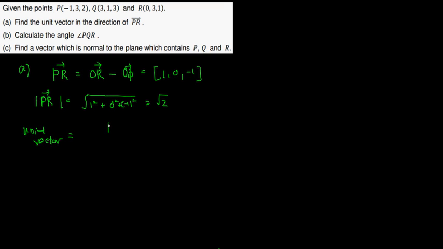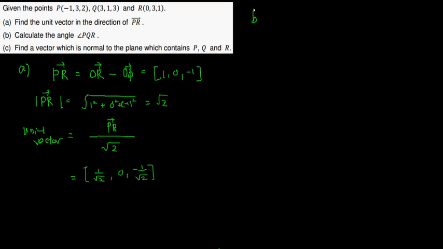If you take the vector PR and divide it by the magnitude, and the magnitude is square root of 2, that means that our unit vector that we seek is this one. And you can check that the magnitude of this vector is 1.